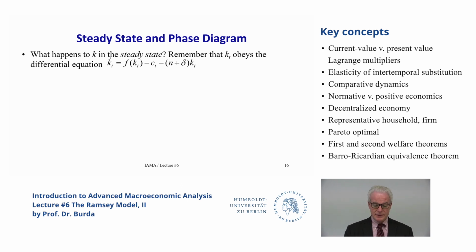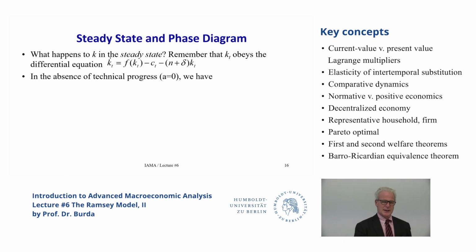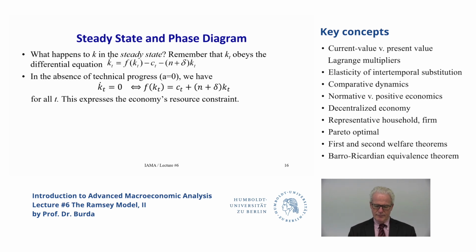K also obeys a differential equation, which we described before, and this differential equation is familiar to all of you from the Solow model, but also from last week's discussion. And since we've shut down technical progress to make this easier, we can basically write that in the following way for all t.